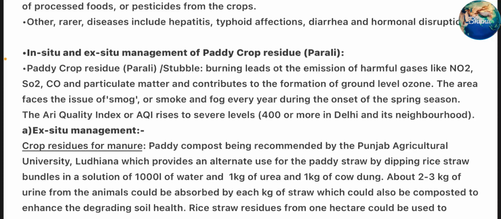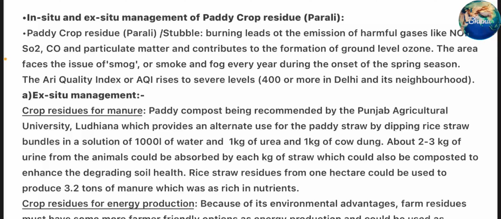In situ and ex situ management of paddy crop residue, parali. Paddy crop residue parali is stable. Burning leads to the emission of harmful gases like NO2, SO2, CO, and particulate matter, and contributes to the formation of ground level ozone.